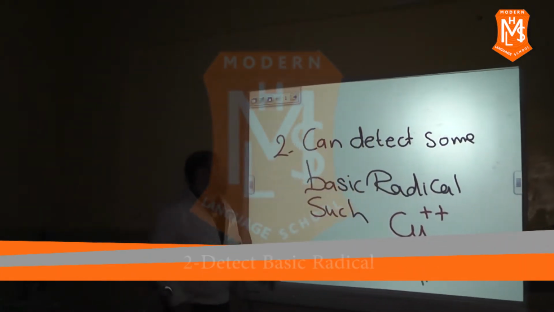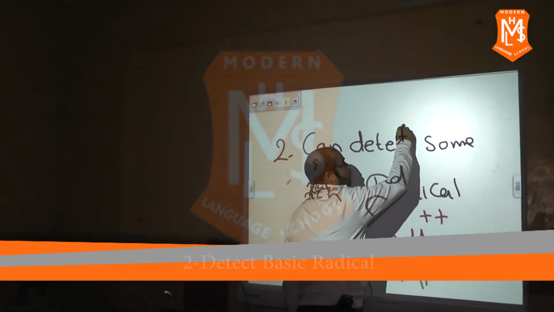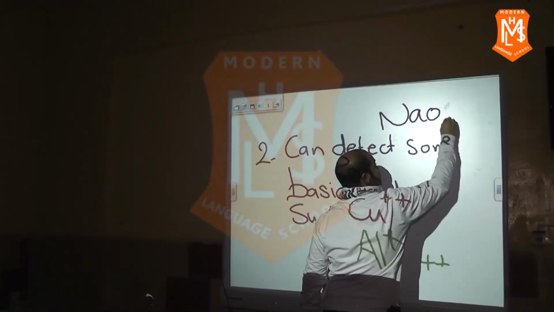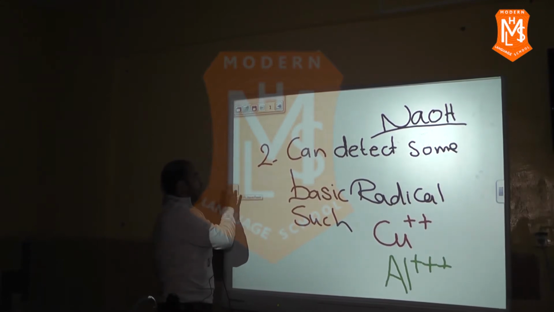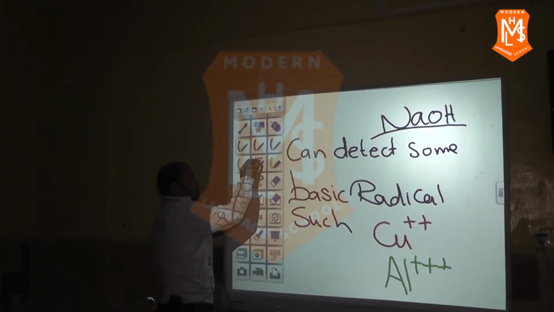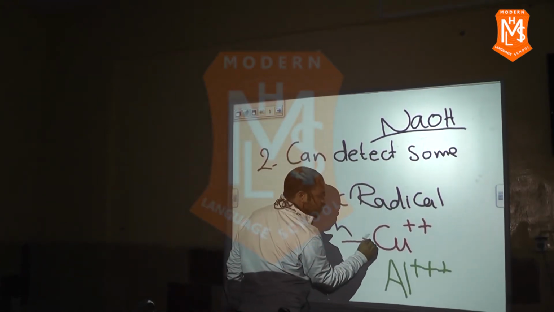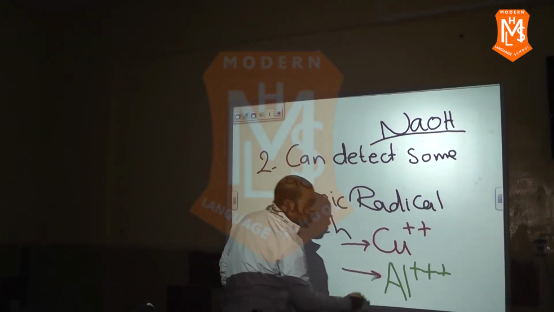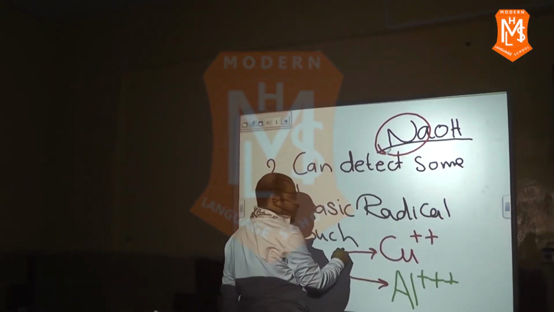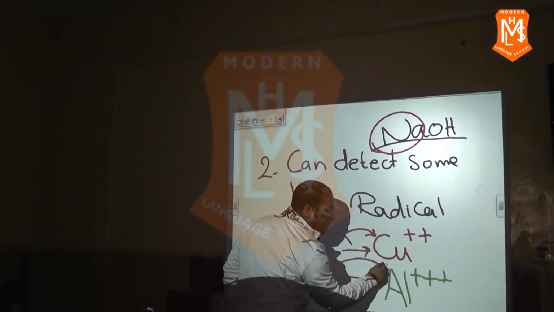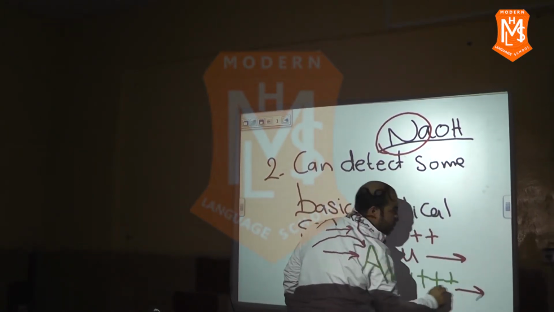A base such as sodium hydroxide, NaOH, is a strong base, so when this base is added to a salt solution, for example any solution which contains copper or aluminium, sodium can replace this cation and form a precipitate with a certain color.